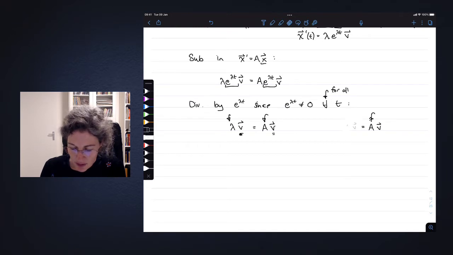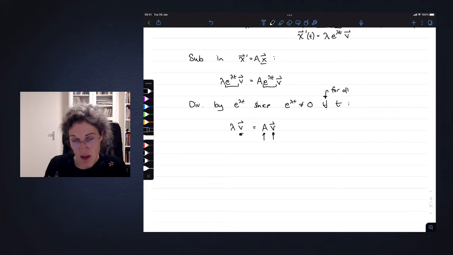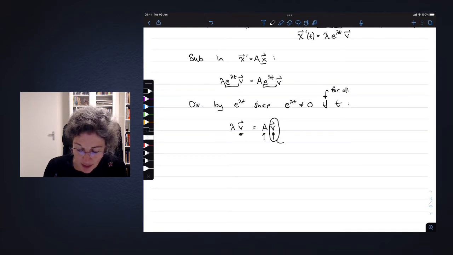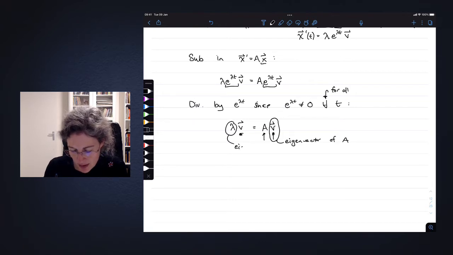And this is kind of an important thing within matrix algebra. If you have a situation where you have some vector v that belongs to a matrix A, and multiplying by A is the same as multiplying by lambda, then we call this vector v here an eigenvector of A, and this value over here is called an eigenvalue.